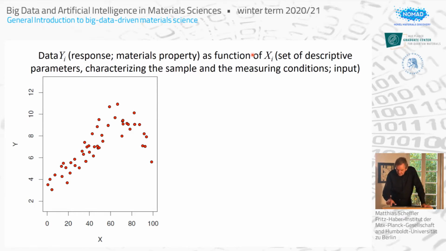And xi of the same measurement number i, xi is the descriptive parameter, or actually the set of descriptive parameters that characterize the sample and the measuring conditions. This is considered the input for the statistical learning process.